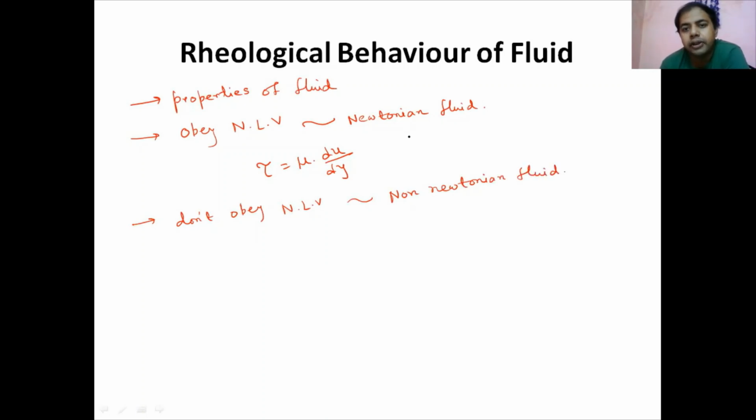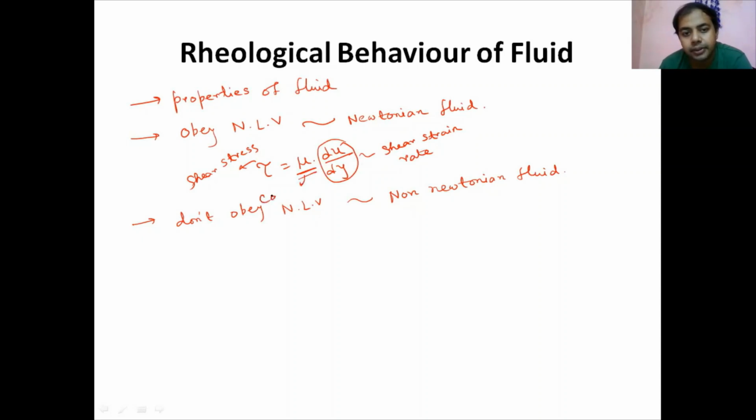So a Newtonian fluid has a linear relationship. This tau is the shear stress, and du by dy is the rate of angular deformation, or shear strain rate. So shear stress and shear strain rate have a linear relationship, and mu is considered a constant.